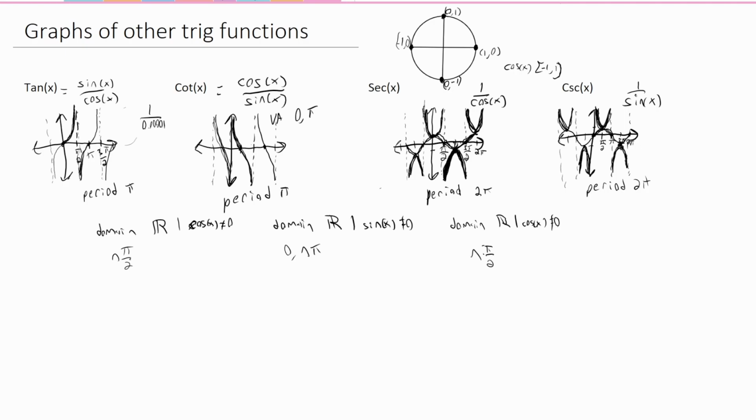And for cosecant, because it's dividing by sine, our domain is going to be all reals such that sine of x does not equal 0. And so that's 0 and multiples of n times pi, where n is an integer.